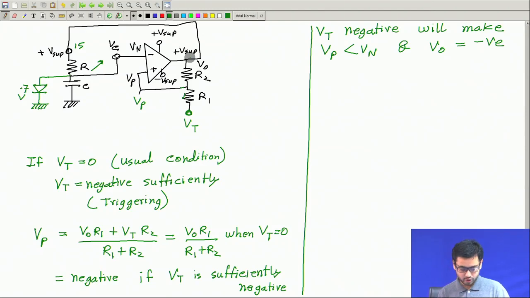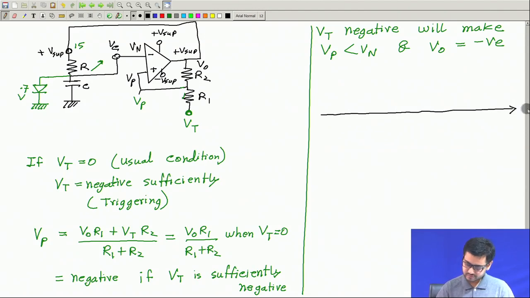Okay. So, let us draw some timing diagram. So, this is time, and say I draw V t, okay, and what else is important?